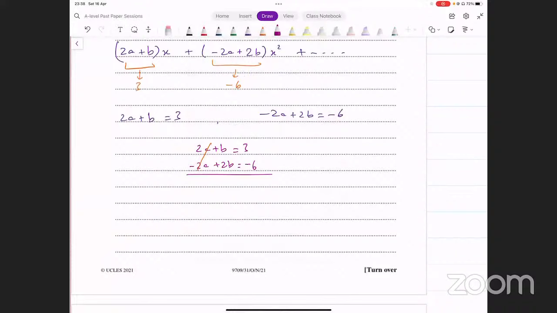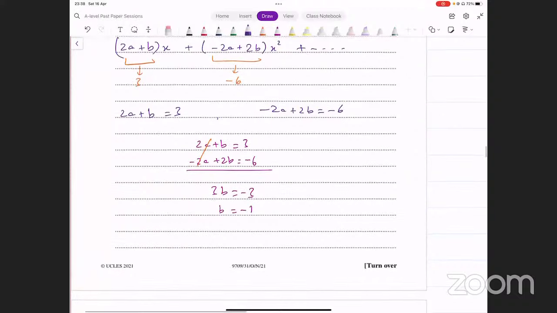What do I get from this? I get 3b equals minus 3. The value of b that I get from this is minus 1. And then I can find a as well. First equation, अगर मैं input कर दूं, that gives me 2a minus 1 equals 3 and a equals 2. So I've got a equals 2 and b equals minus 1.